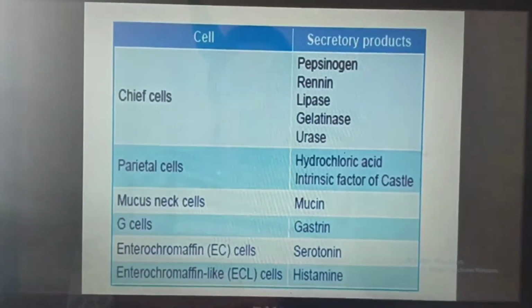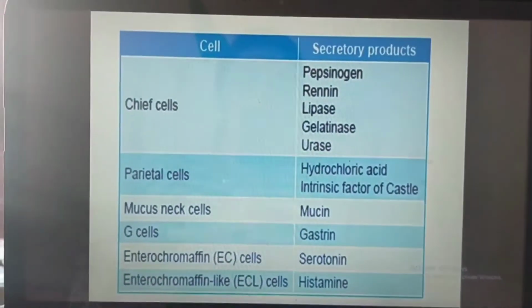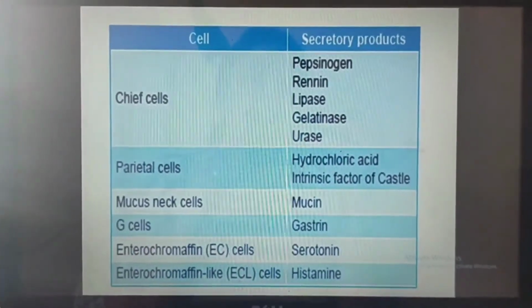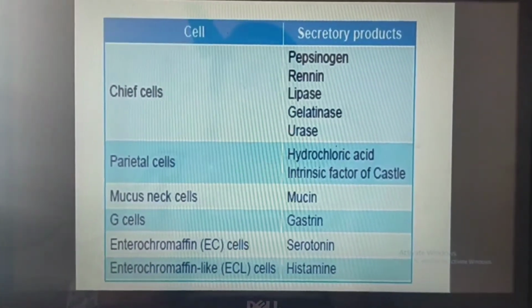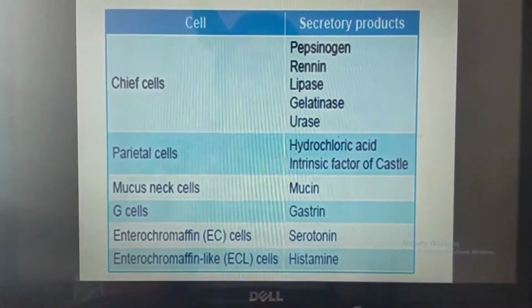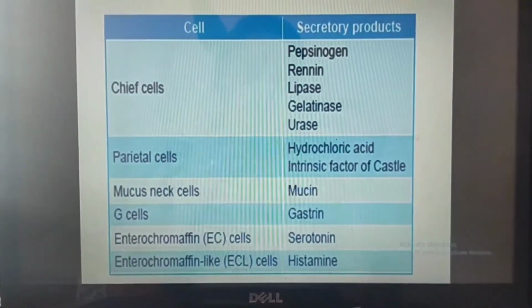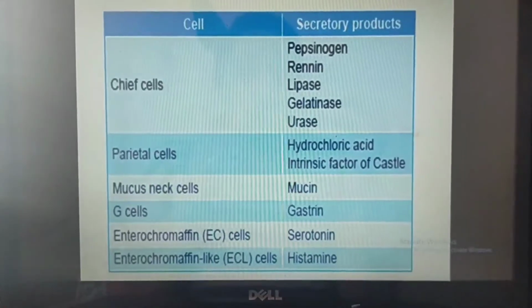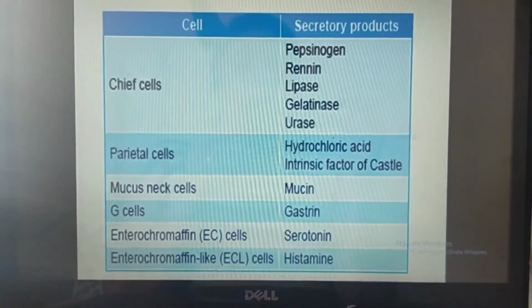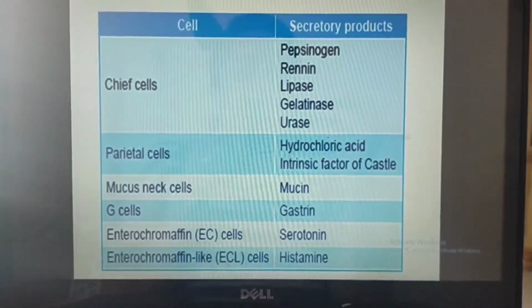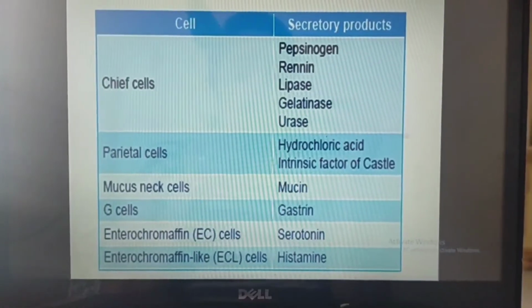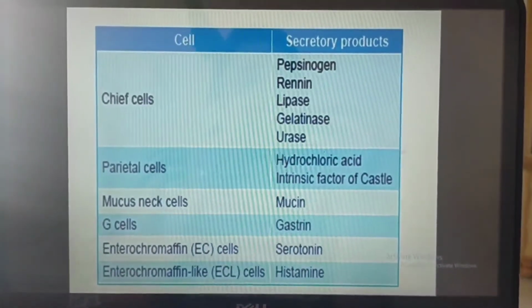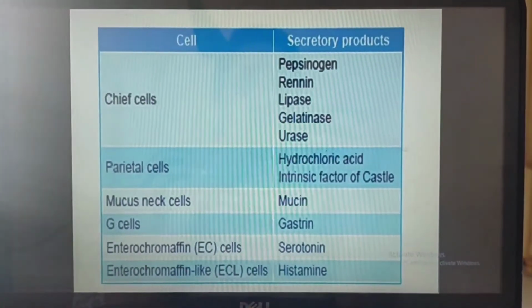If we are talking about the chief cells, its secretory products would be pepsinogen, renin, lipase, urease, and gelatinase. If we are talking about the parietal cells, secretory products of parietal cells would be hydrochloric acid and intrinsic factor of Castle.